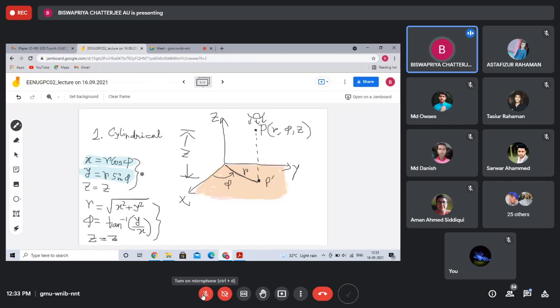So if this is equation set number 1, and these three are equation set number 2, then by using these two sets of equations, you can easily transform one point from one coordinate system to another coordinate system. Can you?